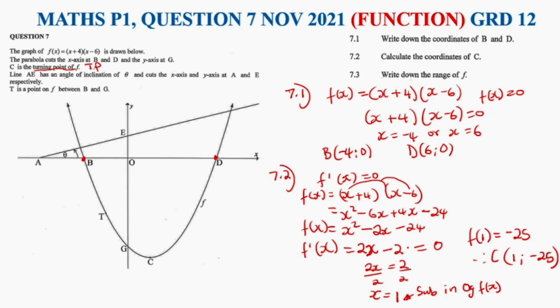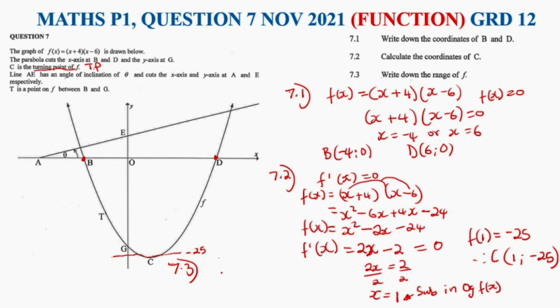And then 7.3, I'm going to write it here. 7.3 says write down the range. Range, we're looking at the y values. So if you have a look at this graph, it cuts here at negative 25 on the y-axis. So below that, there's no graph.